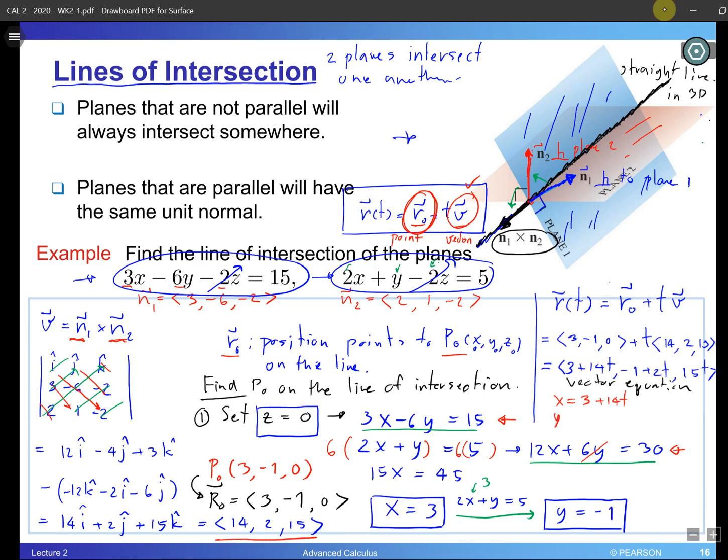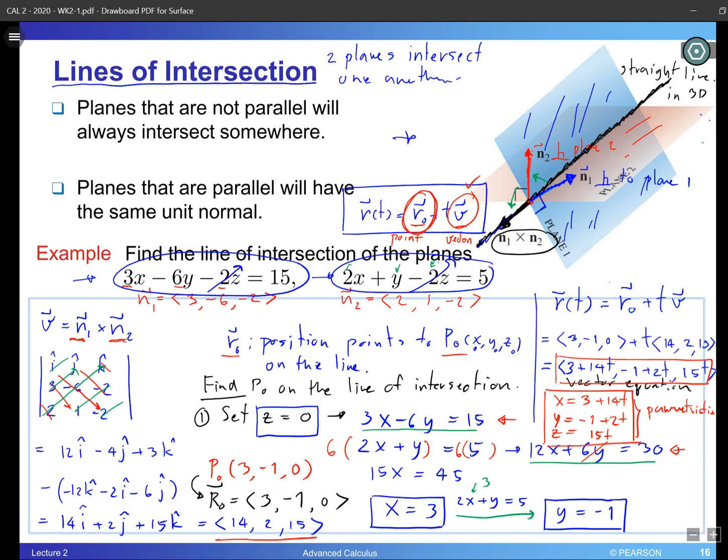Now y equals the next component, which is minus 1 plus 2t. And the last one, z equals 15t. And what you see right here is the parameterization form of the line. So there you go. You can answer as the parameterization or as the vector equation.